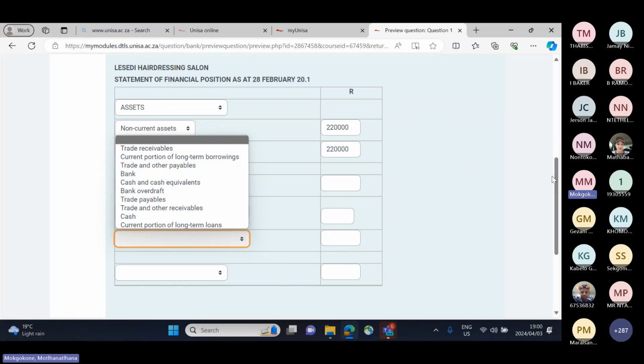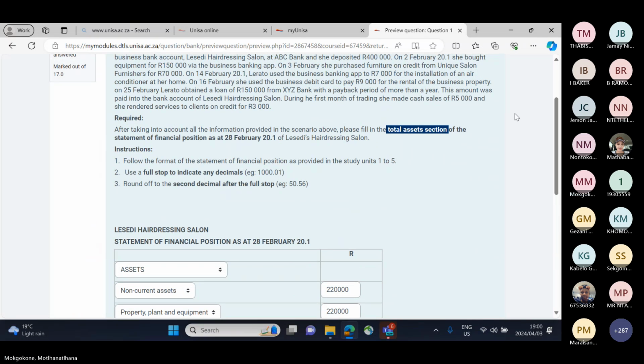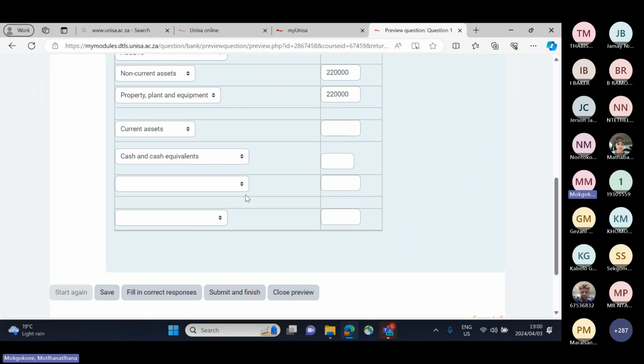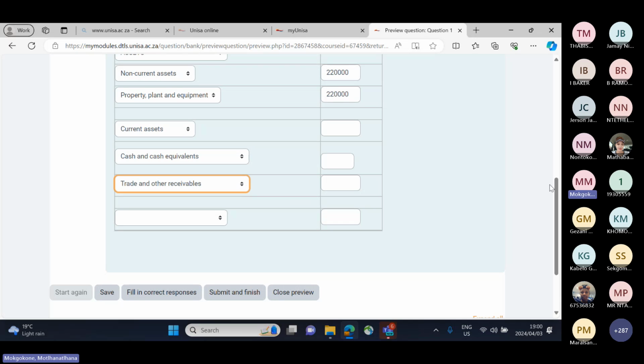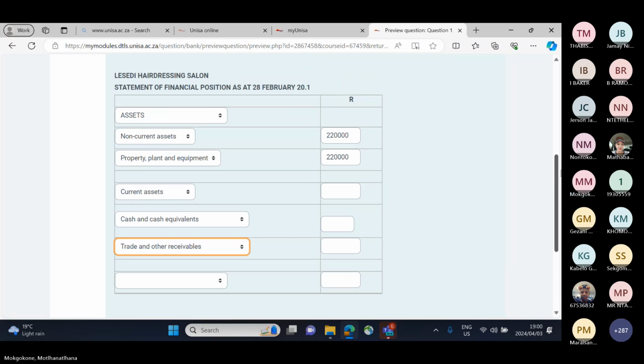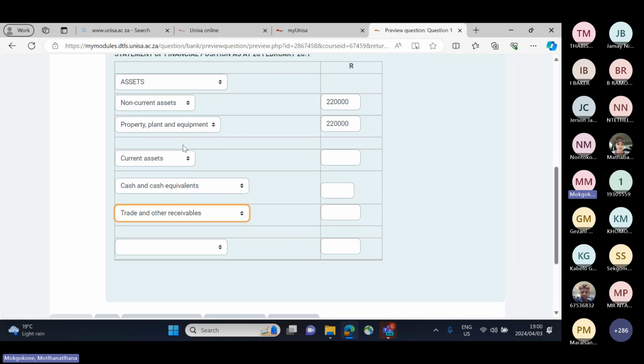The other one where we rendered service on credit to a client, this is our trade receivables. Here you choose trade and other receivables. Then if you add non-current assets plus current assets, they will give you total assets. Here you come and choose the correct answer, which is total assets.